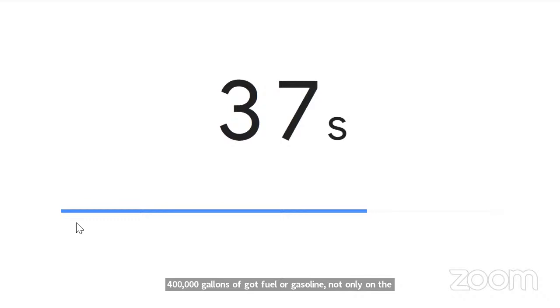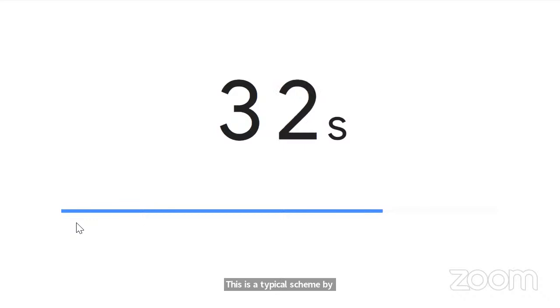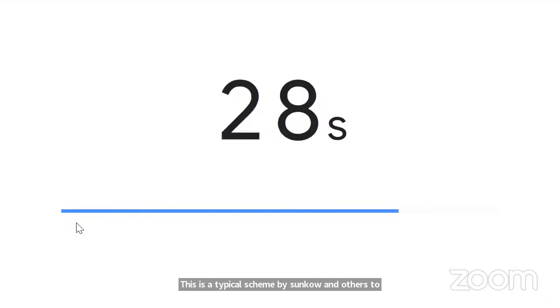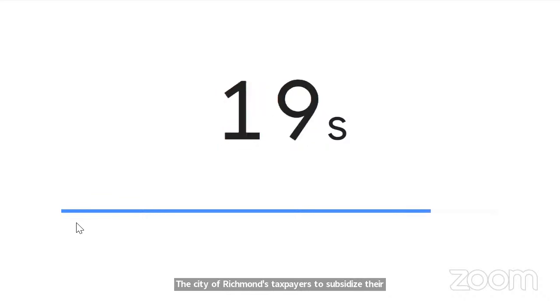This is a typical scheme by SunCal and others to privatize the profits and socialize the costs. They want the city of Richmond's taxpayers to subsidize their profits. Vote against this Melrose deal.